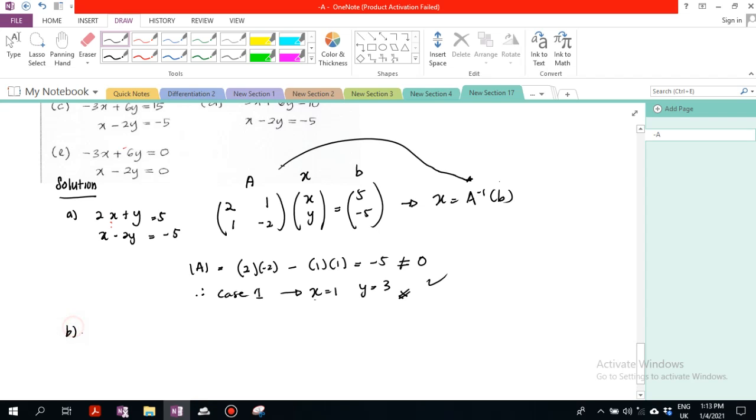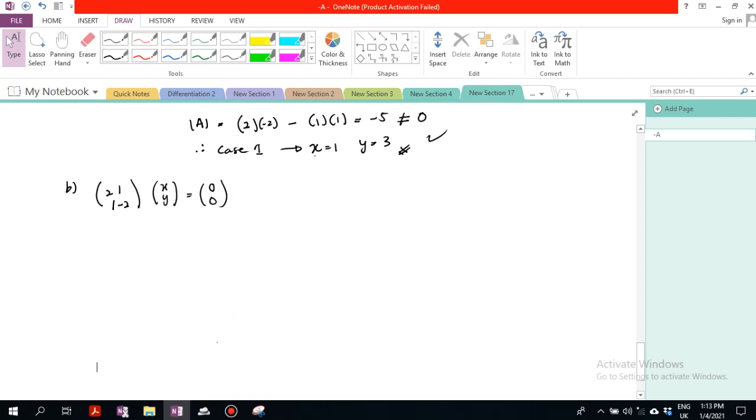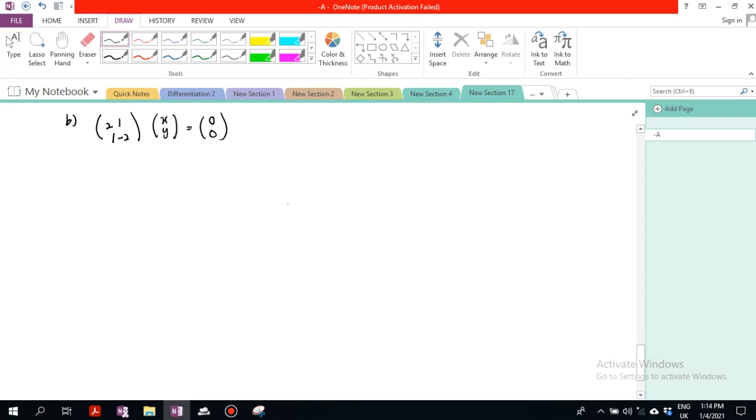Okay, we go for B. The matrix is [2, 1; 1, -2] times [x, y] equal to [0, 0]. In this case we need to calculate the determinant of A. You will get 2 times negative 2 minus 1 times 1, so you also get negative 5, which is not 0.